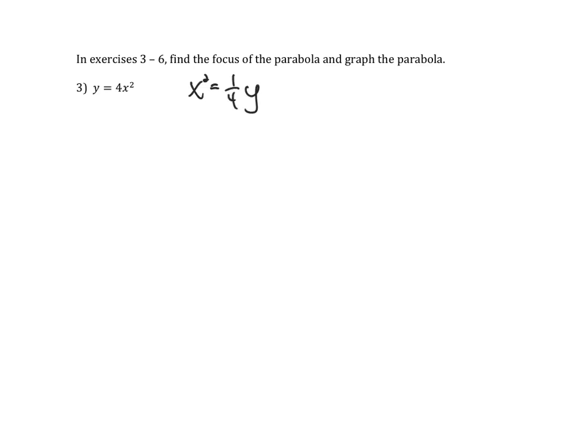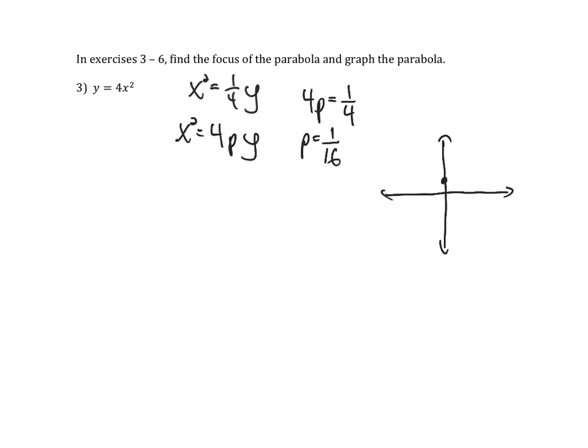So I have x squared equals 1/4 y, and again, just to repeat, my general formula was x squared equals 4py. That must mean that 4p is equal to 1/4, or p is equal to 1/16. So if I'm making a graph of this, p is my focus.